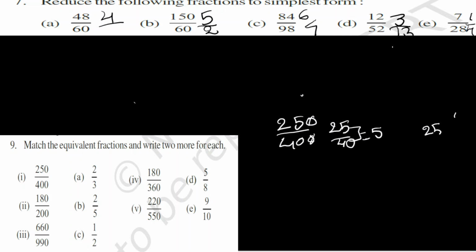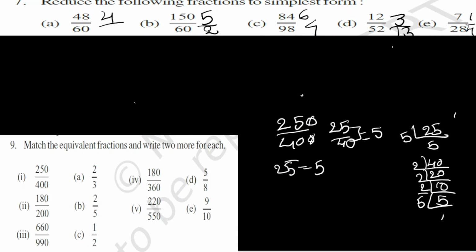And let's check with the factorization method. This 25 can be expressed as 5 into 5, and this 40 can be expressed as 2 into 20, 2 into 10, 2 into 5, and 5 into 1. Here 25 equals 5 into 5 and 40 equals 2 into 2 into 2 into 5. Here the uniform number is only 5, so the HCF is 5.